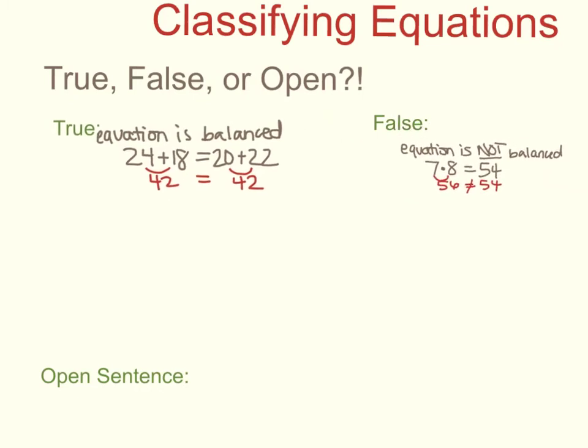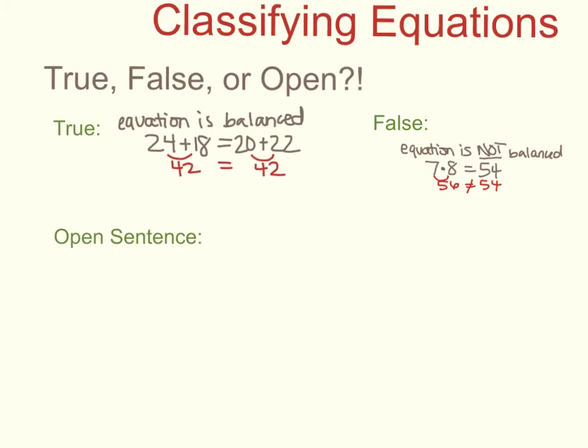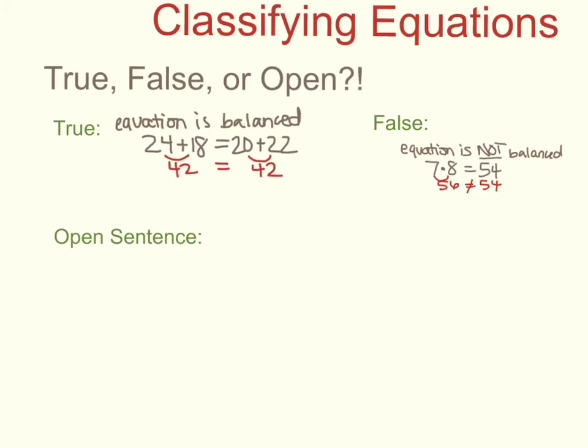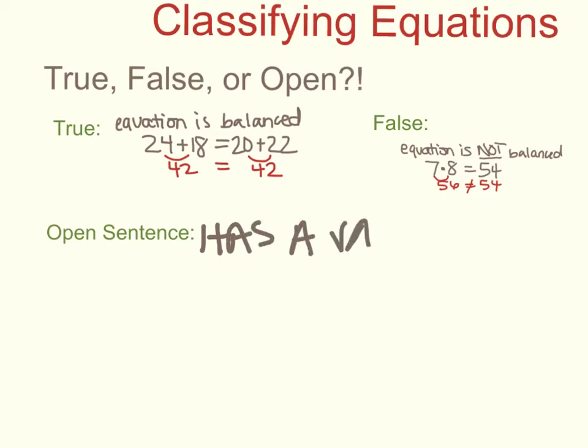And lastly, we have an open sentence, which is probably newer to you than anything else. And so an open sentence, the biggest thing is it has a variable. That is the distinguishing feature.